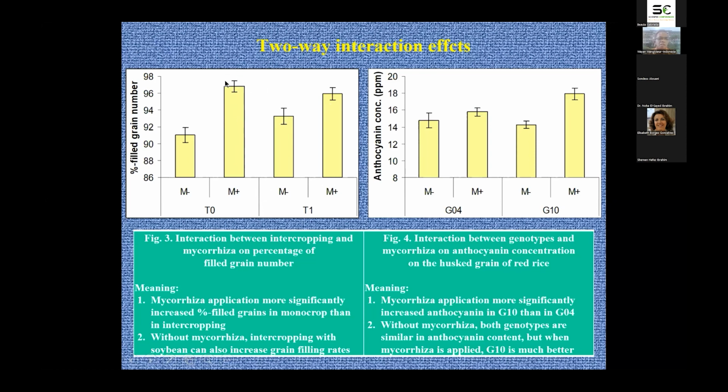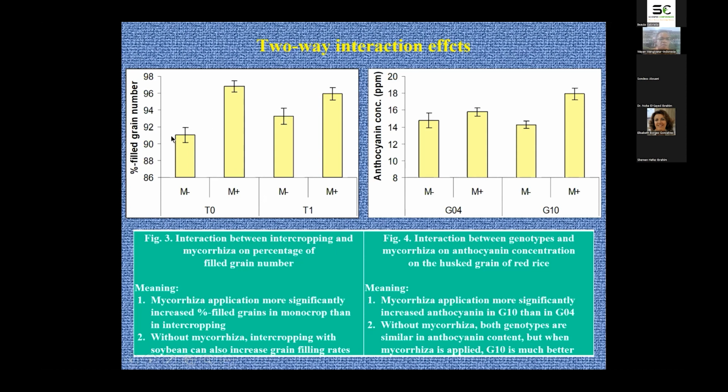Although here is a little bit higher, it was not significant. But in each intercropping treatment, without intercropping and with intercropping with soybean, application of mycorrhiza significantly increases percentage of filled grain number.